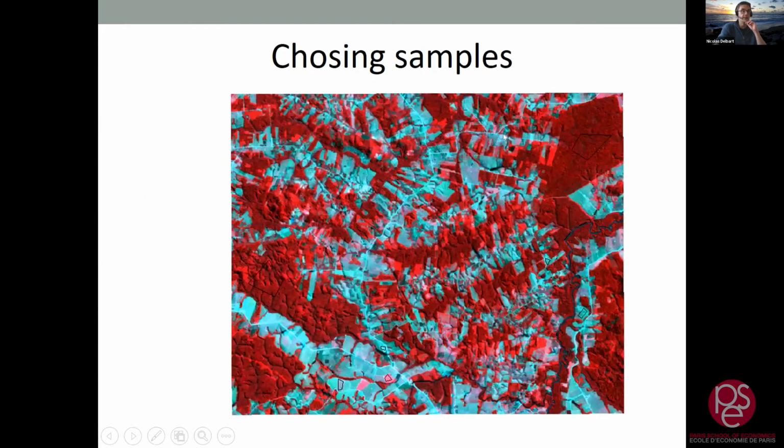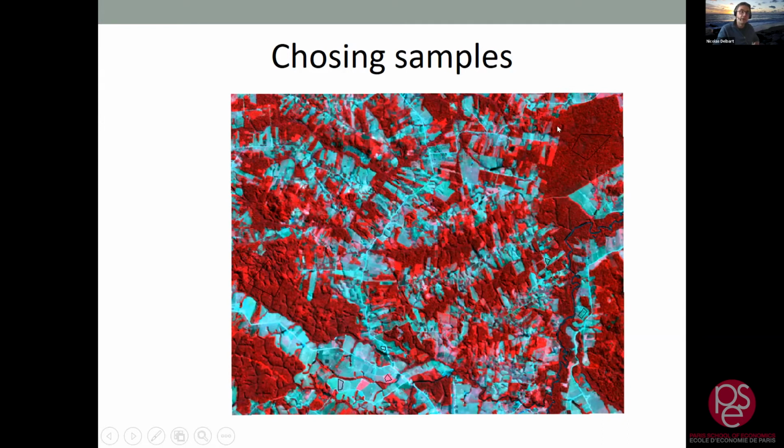In this image, I used a Landsat image in Amazonia. You can find here some forest. You can find also some agricultural fields. Some of them are bare soil, what is blue here. Some of them are covered with vegetation at the time of the image acquisition, what is pink here.